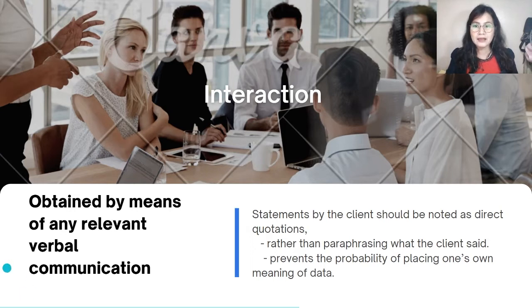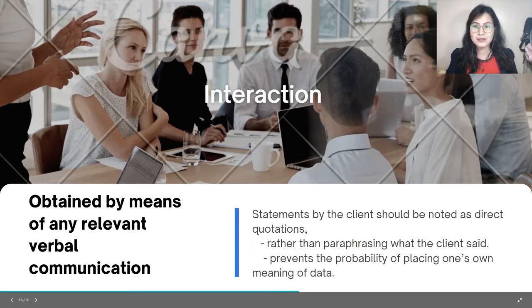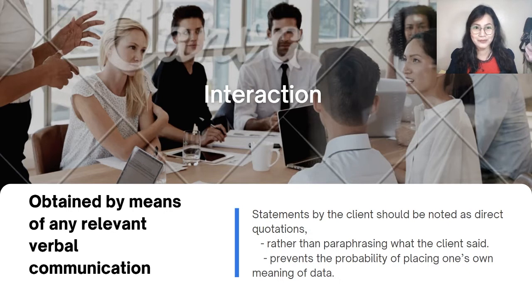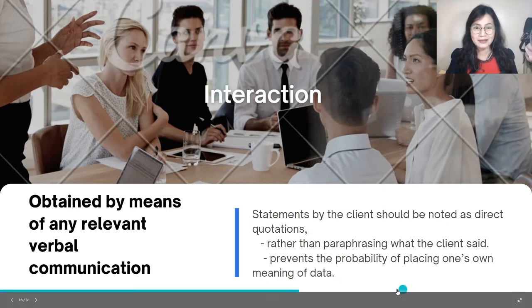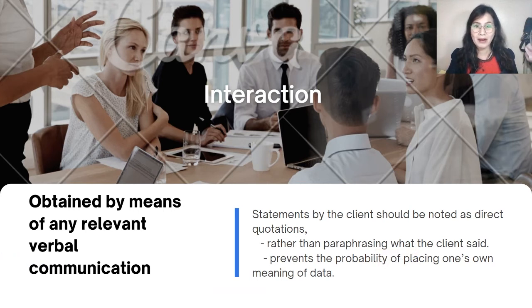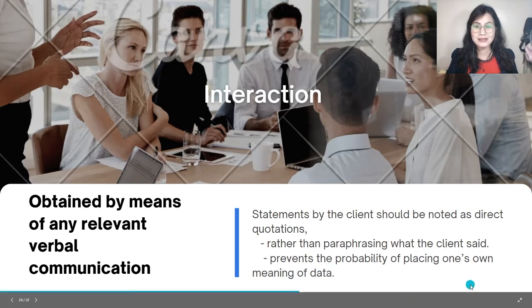Interaction data are considered as subjective cues. Take note as well that statements by the client should be noted as direct quotations rather than paraphrasing what the client said. Again, this prevents the probability of placing one's own meaning on the data.